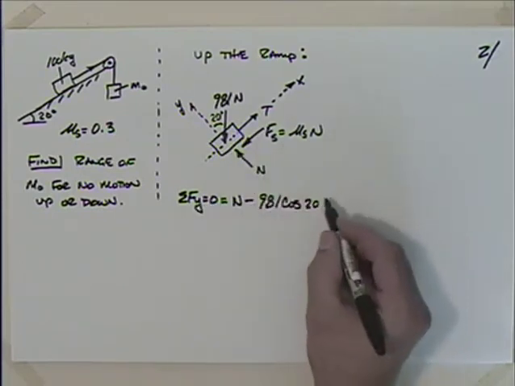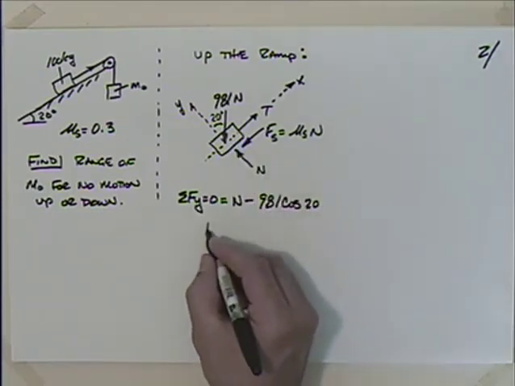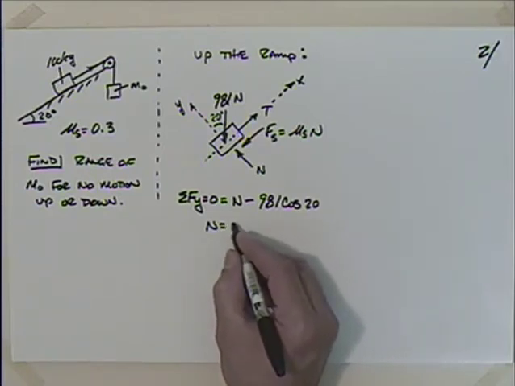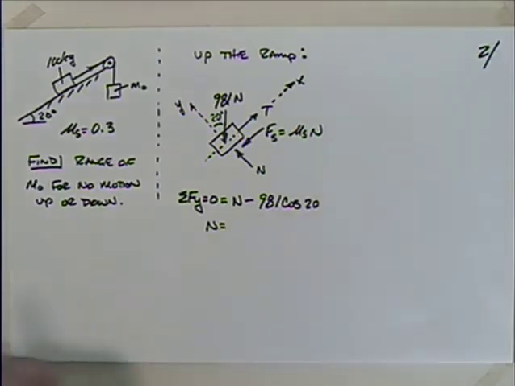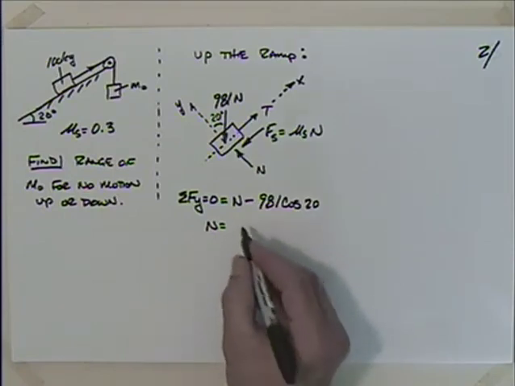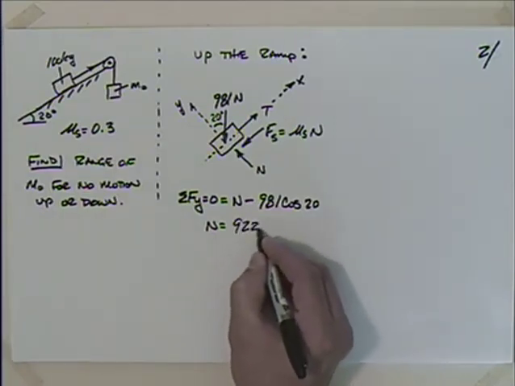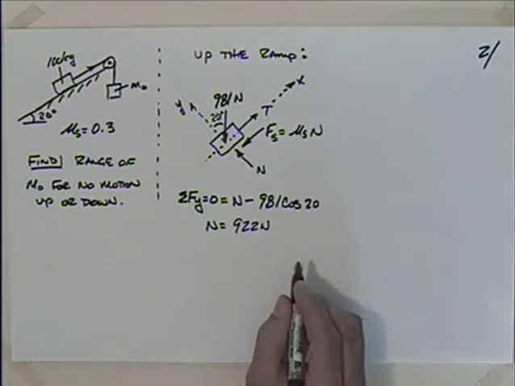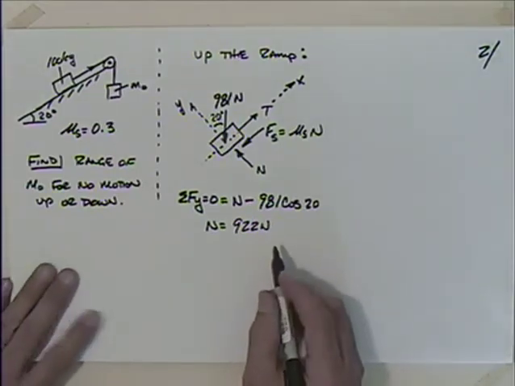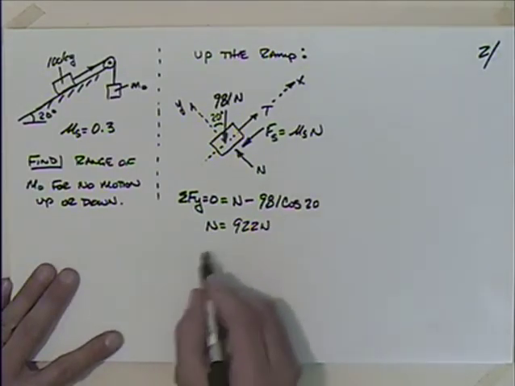Anything else? I think that's it. So that's equal to 0. So I can say that the normal force is equal to 981 times the cosine of 20, which gives me 921.8. Let's just call that 922 newtons. Well, that will probably be handy when I sum the forces in the x direction.